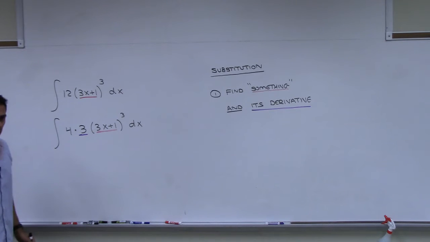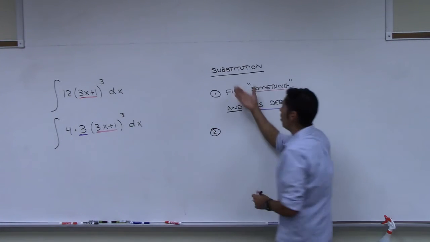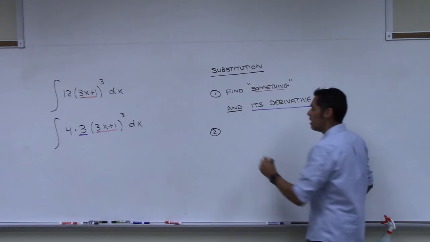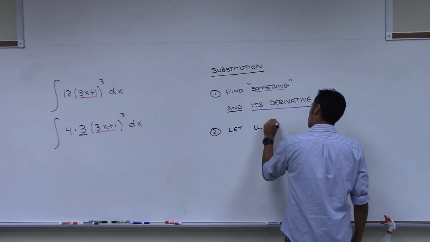So here's what we're going to do. If we can find something, are there any questions? Because if you don't see this part, then it's going to be difficult. We're all good? Okay. So now we're going to make what we call a substitution. We are going to let u be equal to the something.